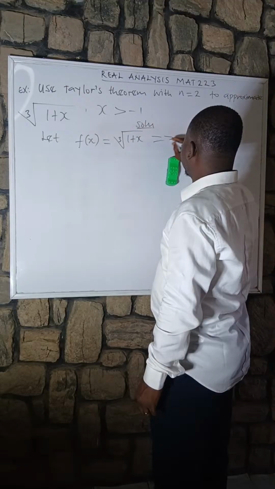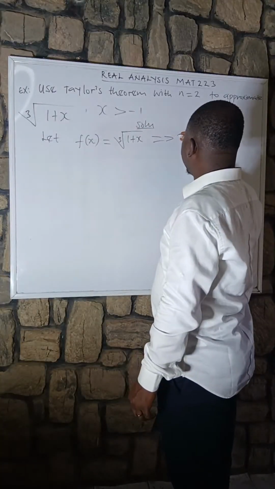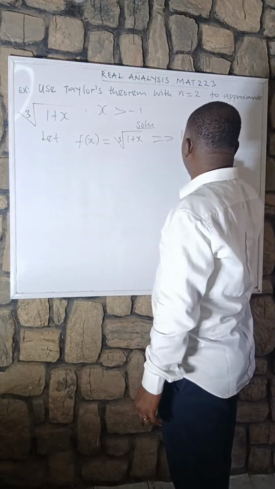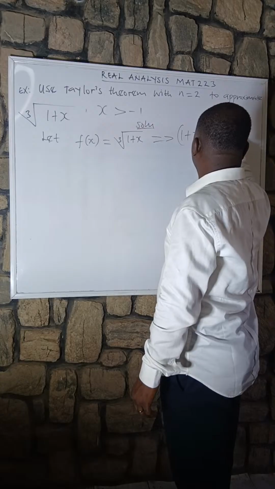Then this is the same thing as, we have to apply indices, (1 plus x) raised to the power of 1 all over 3.